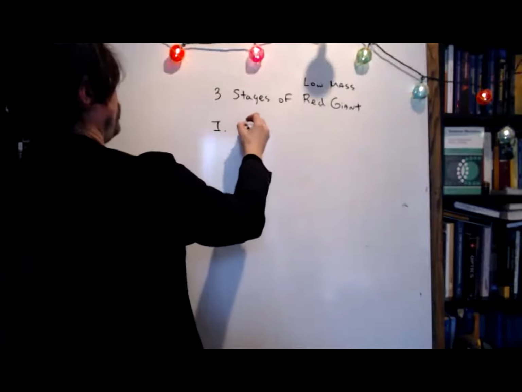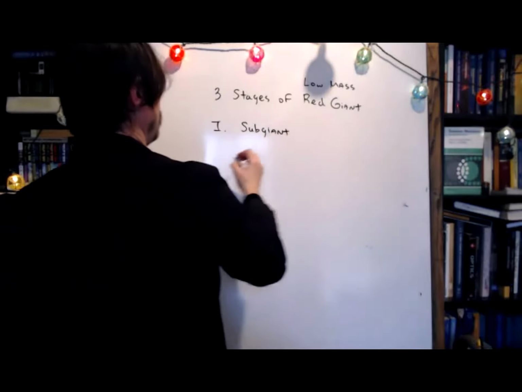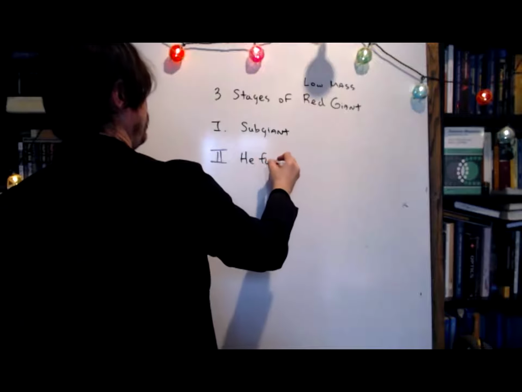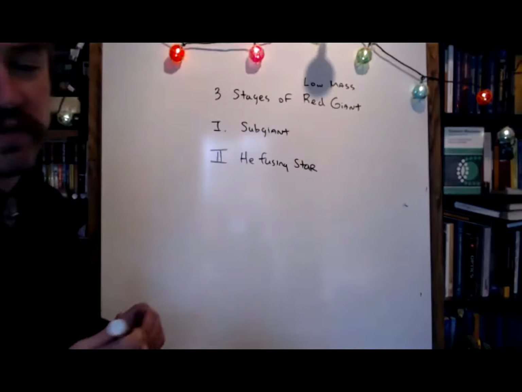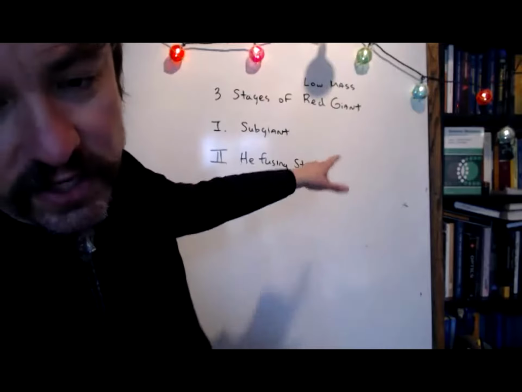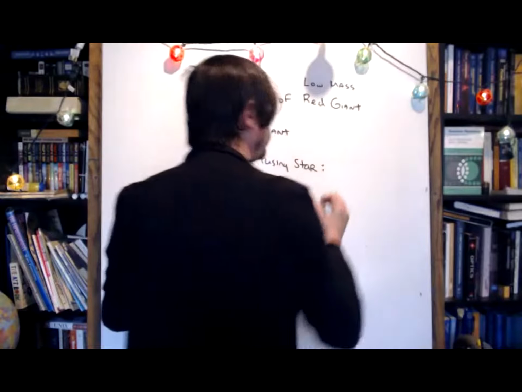There is stage 1, which is called a subgiant. There's stage 2, which is a helium fusing star. And the helium fusing stars occupy a region known as the instability strip on the HR diagram. This is where you get different types of variable stars.